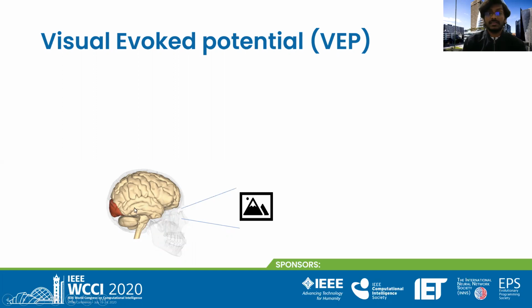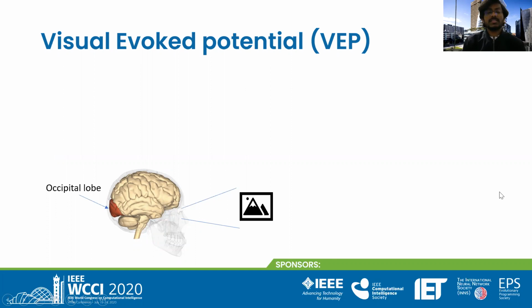This signal is known as a visual evoked potential, due to this image shown to the user. Of course, this terminology is for EEG devices, not other devices. For other devices, the terminology changes. This back side of the brain is known as the occipital lobe.